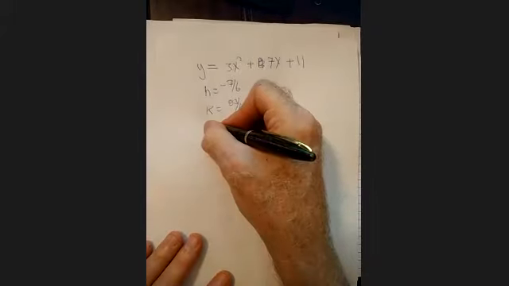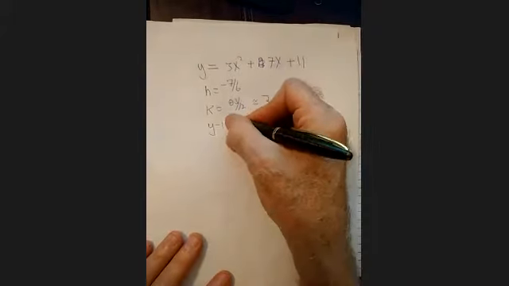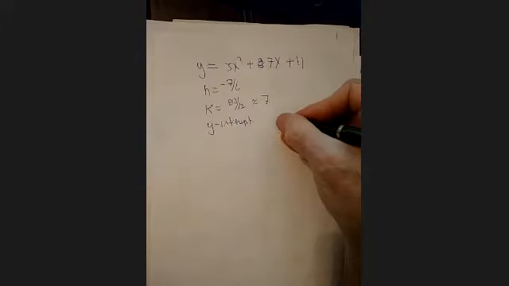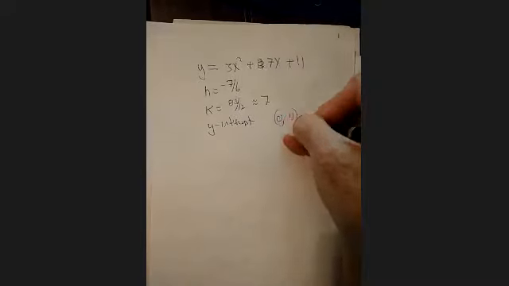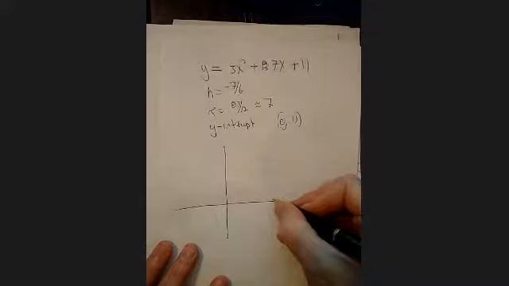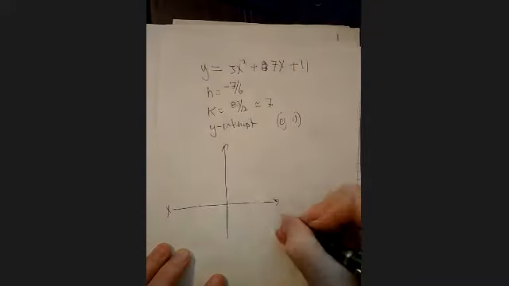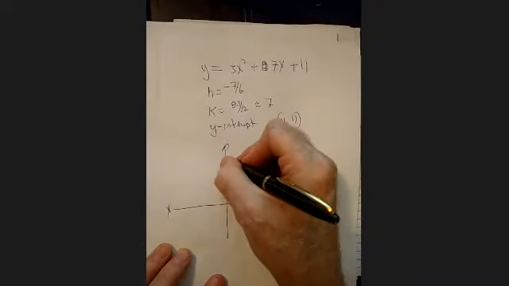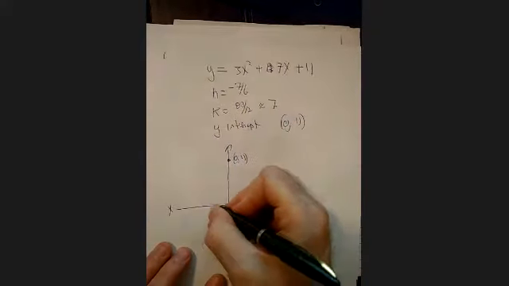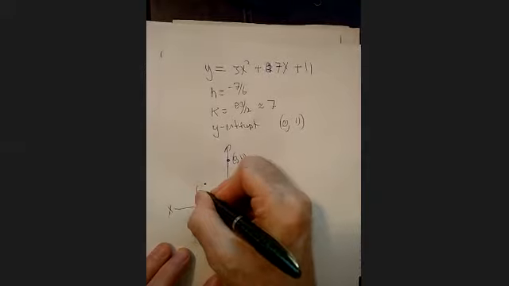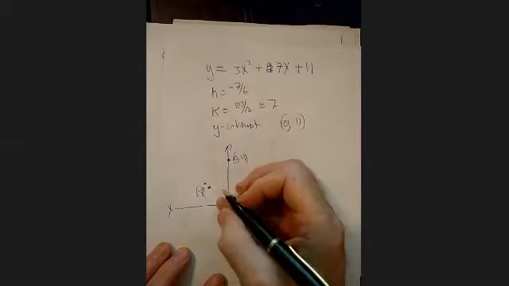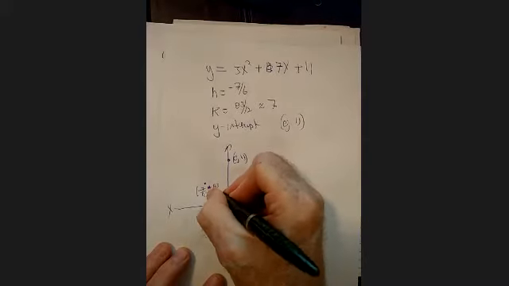And we found the y-intercept is going to be equal to (0, 11). So the graph, I'm going to do a rough sketch here, x, y. We know the y-intercept is (0, 11). And we know that (h, k) is going to be (minus 7/6, 83 twelfths).